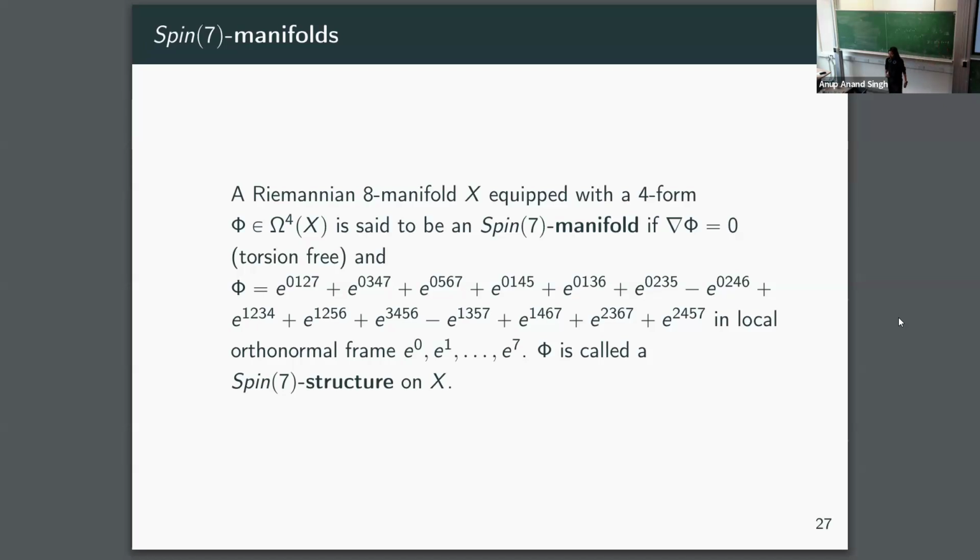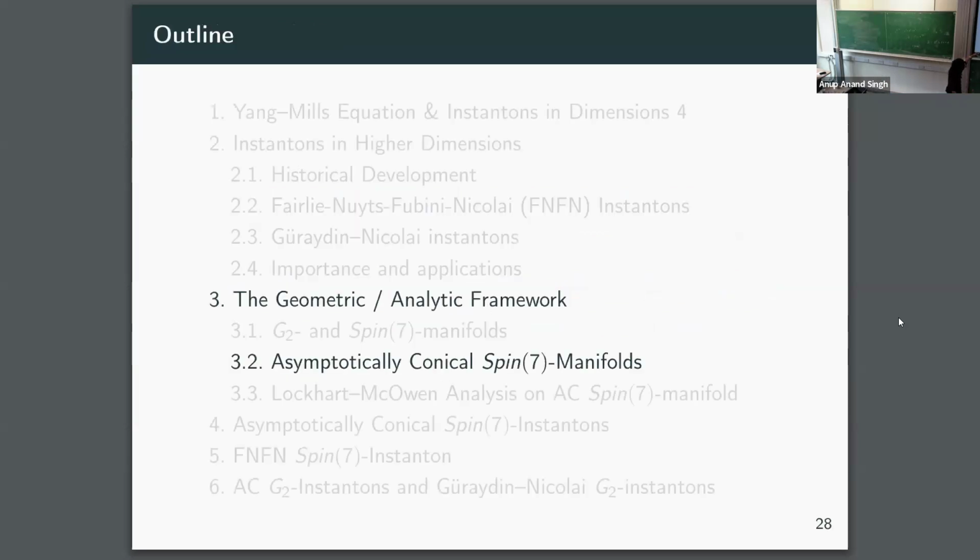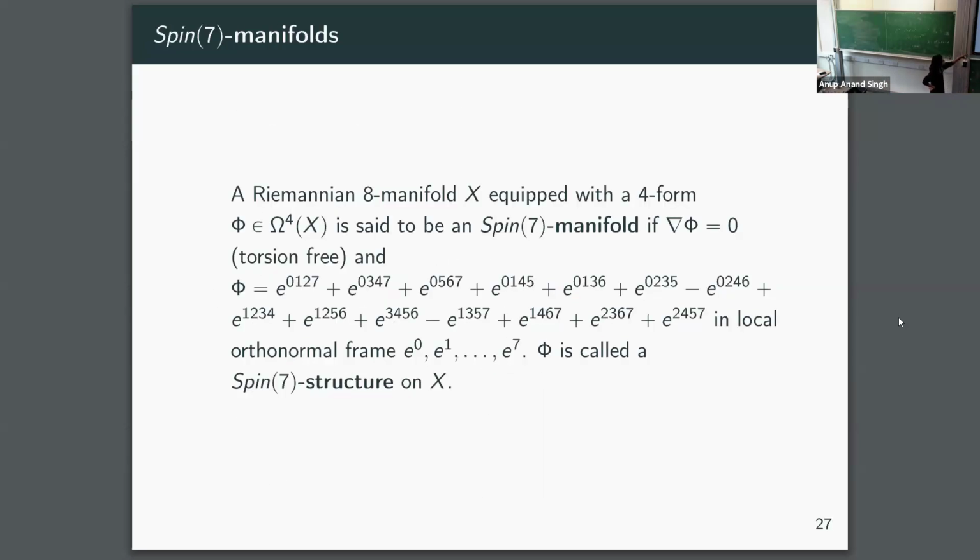And again, if you remember the way I defined the octonionic structure constant C_MNPQ, this was precisely how I did it there. So that's the 4 form, and I'll call that the Spin 7 structure, and it will be a Spin 7 manifold if this structure is integrable. So nabla Phi should be 0. It's torsion free. So now we know what a G2 and Spin 7 manifold are.